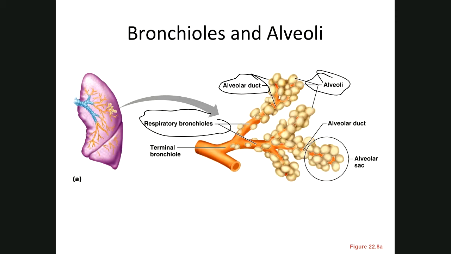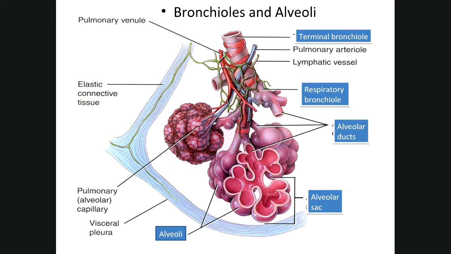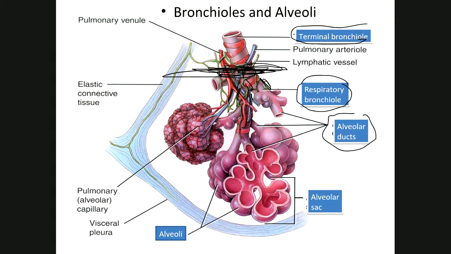It looks like this. There's that terminal bronchiole, so right there's the end of the conducting zone. And there's our respiratory bronchiole, the beginning of the respiratory zone. Again, the respiratory zone is the respiratory bronchiole, the alveolar ducts, and the alveoli.